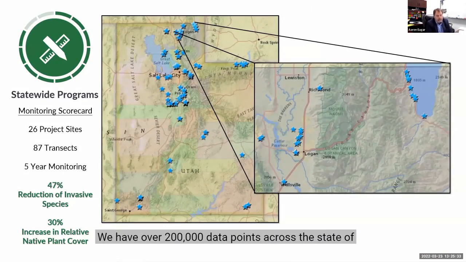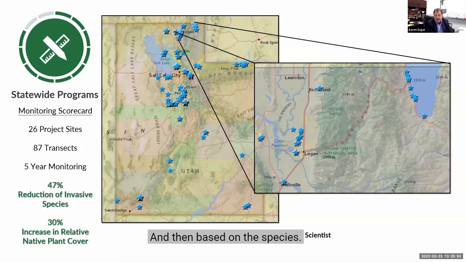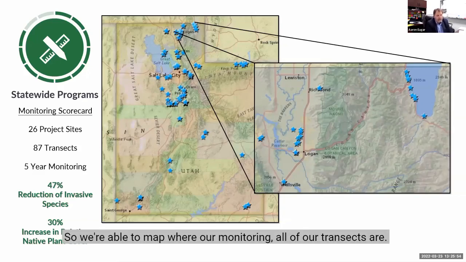We have over 200,000 data points across the state of Utah, and we use them to drive some of our other programs. So we have statewide monitoring, where we determine where we want to put monitoring based on the point data that we have, where projects are, and then based on the species. So we're able to map where all of our transects are.